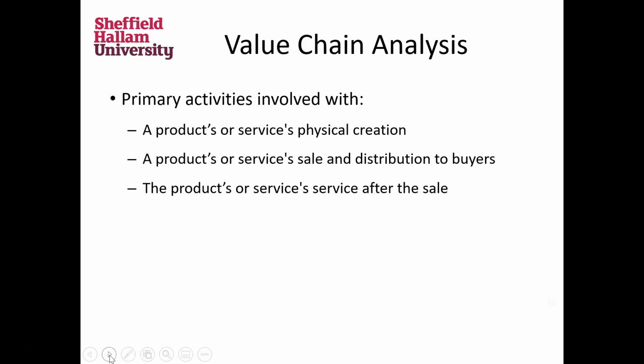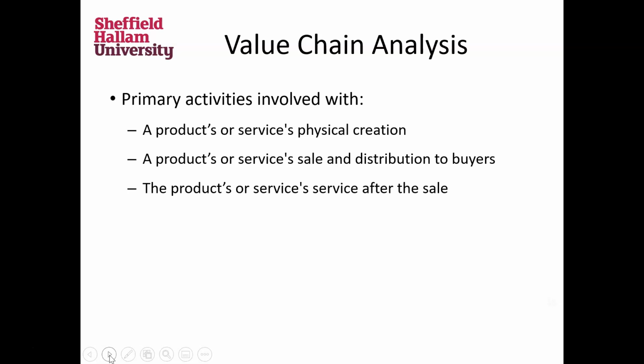So, the value chain is broken down into 2 sets of activities: primary activities and support activities. So if we begin with primary activities, those are the ones concerned with a product's or a service's physical creation, right?